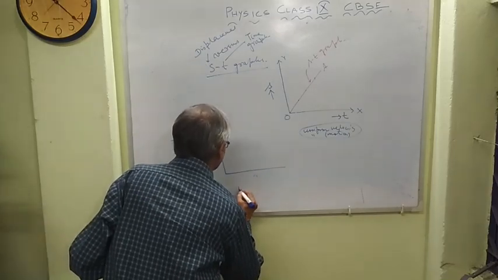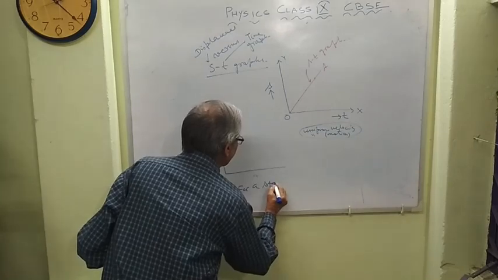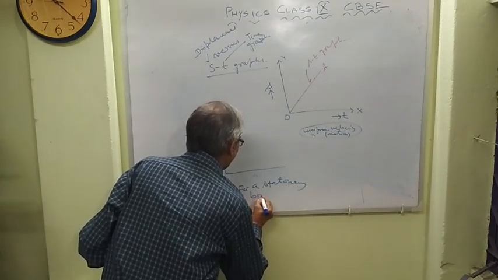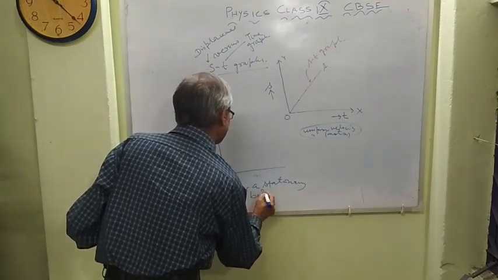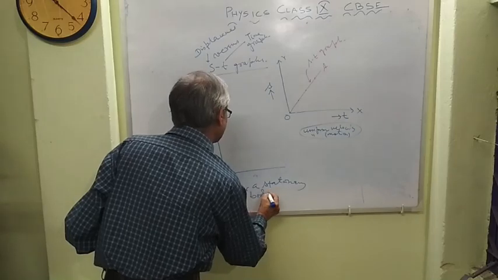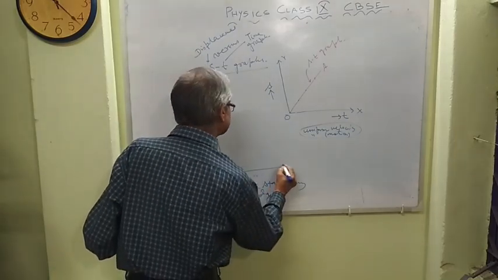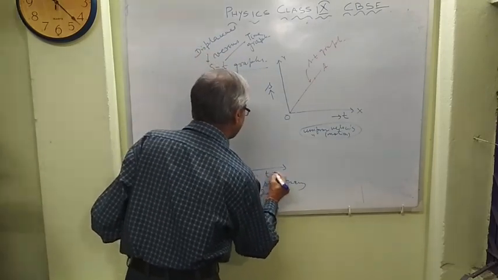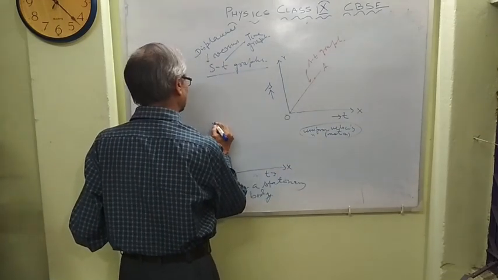For a rest body, or a stationary body, here we always plot the graph by taking time along the x-axis and displacement along the y-axis.